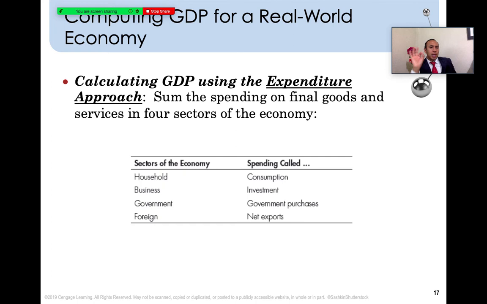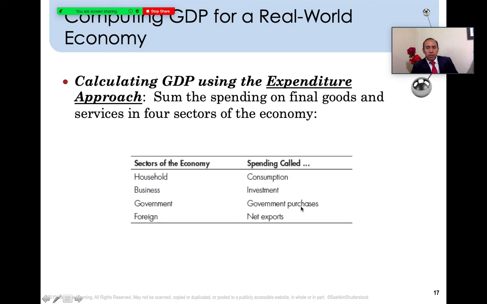So when we're looking at the four sectors, we have households, which are the consumers that consume goods and services. We have the businesses, the firms, and the private sector that are part of the investment category, or private sector investment. And we have government, our government officials, and government does contribute a lot to the economy.